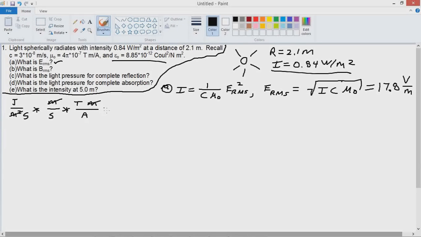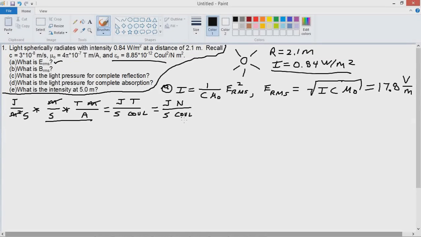Let's break Teslas down. A second times an ampere is a coulomb, so we'll have joule Tesla on the top.